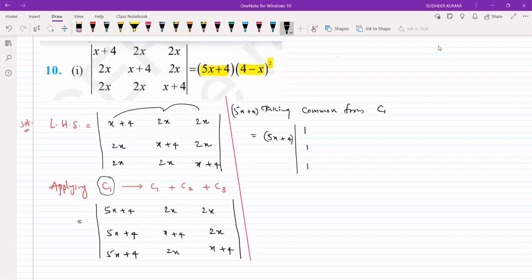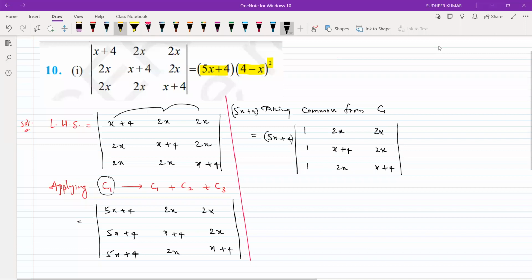So the first column elements are each 1. Then it is 2x, x plus 4, 2x, then 2x, 2x, and x plus 4. What do we have to do in the next step? It is easy if the values have the utmost number of zeros.